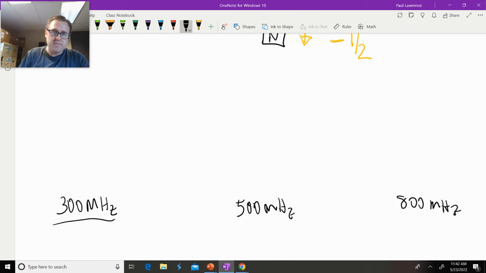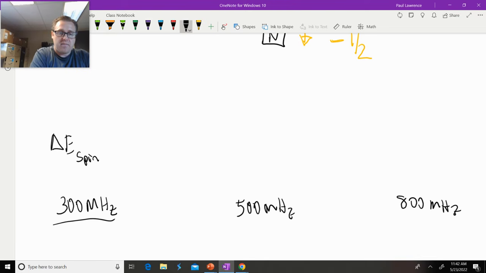So what happens is the change of the energy states is going to be larger with the stronger magnet. So remember, we have the same energy state for the alpha and the beta. When we place it into an external magnetic field, what happens? It splits. All right.